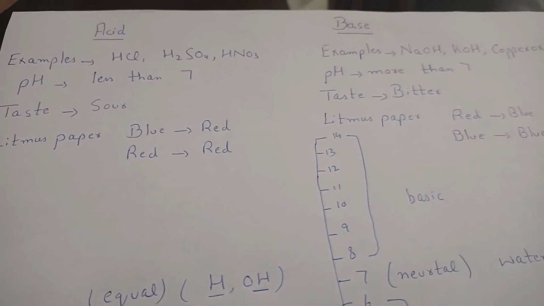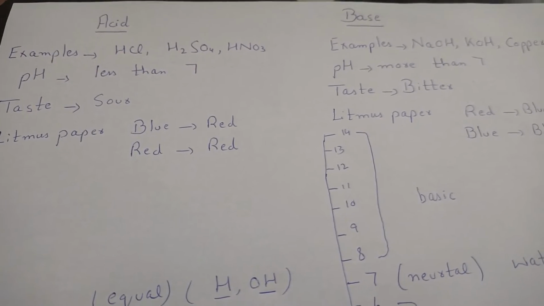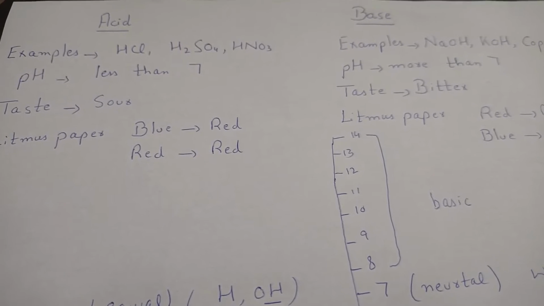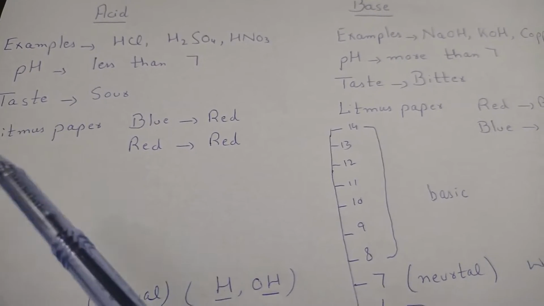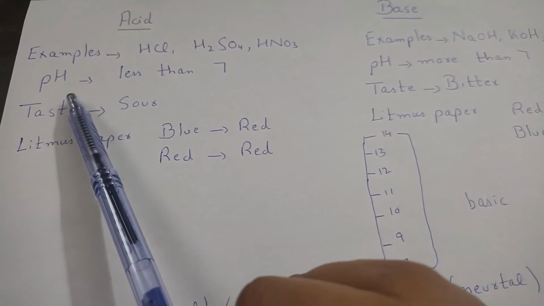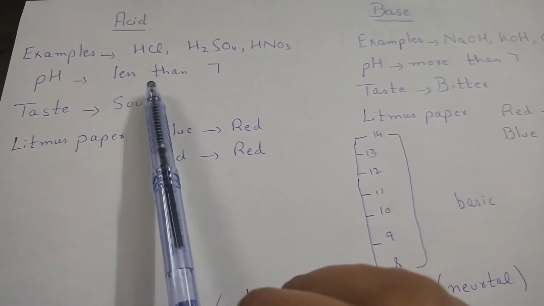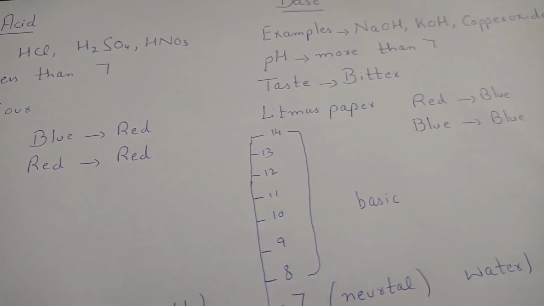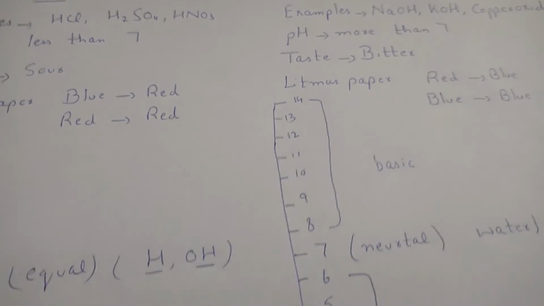Another difference is pH. pH stands for power of hydrogen. Make sure whenever you write pH, p should be small and H should be capital. pH should be less than 7 for an acid, and for a base pH should be more than 7.